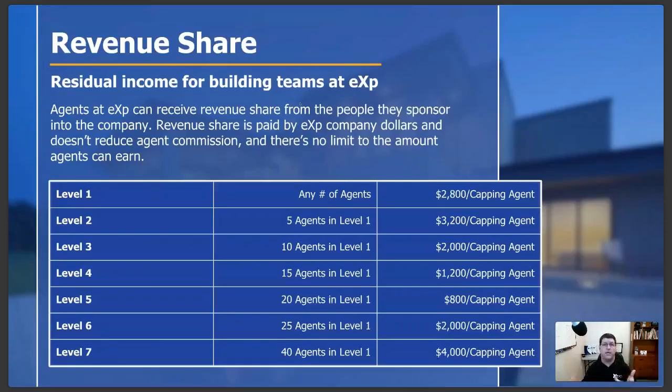So when we capped, and we had produced, and we paid into the company splits, then my sponsor benefited from that, and upline from him as well. And that's how the revenue share works. So if I'm looking downline to me, the agents that I've brought in, it makes a lot of sense for me to support them, and the incentive is that I get to share in the revenue that they generate.